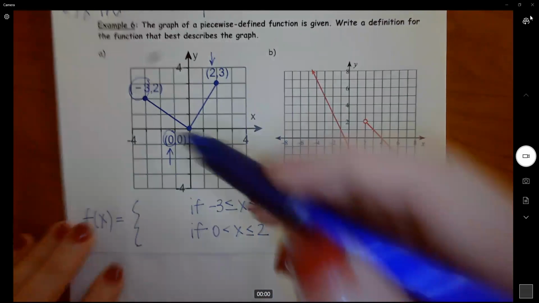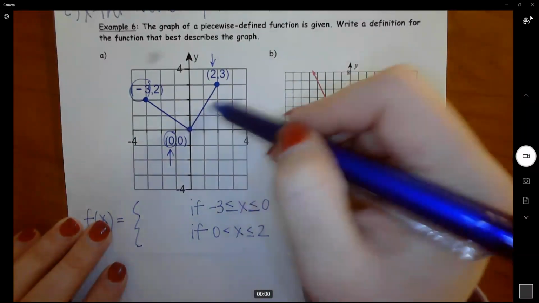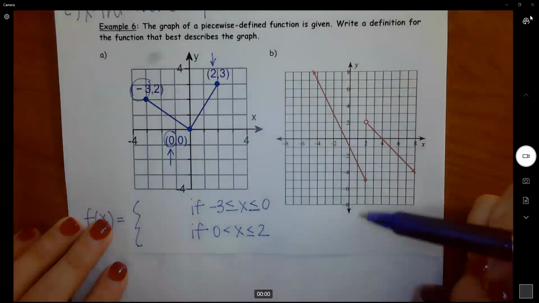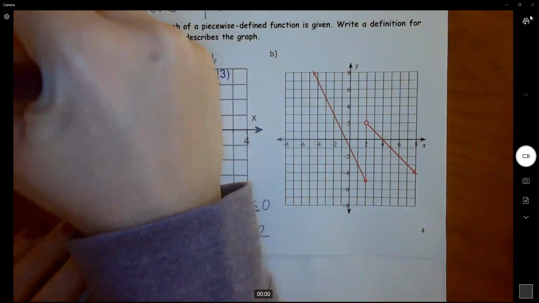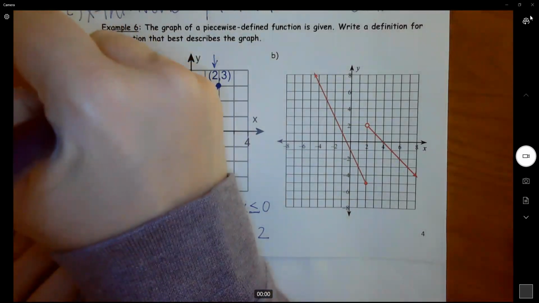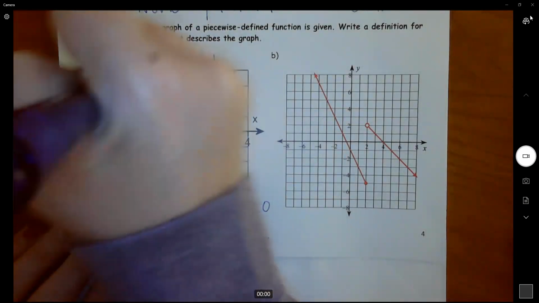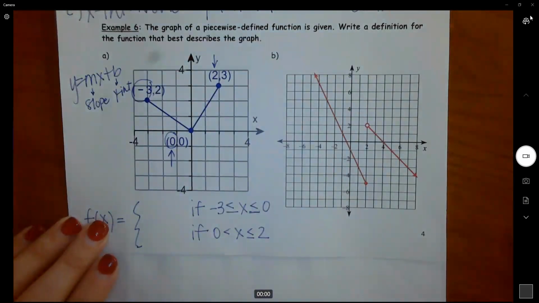The harder part is finding out what these equations are. Luckily, these are all linear functions. And linear functions are y equals mx plus b, where we need the slope and I need the y-intercept.